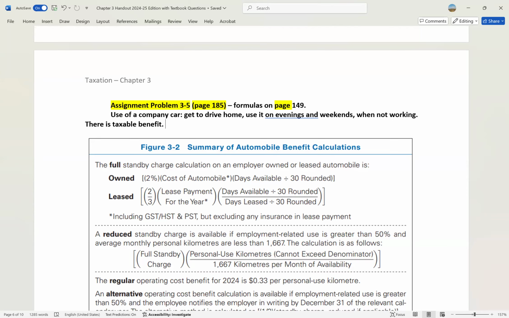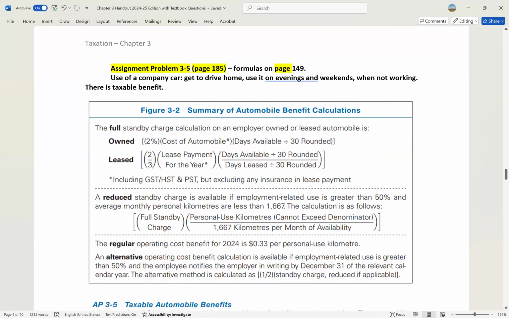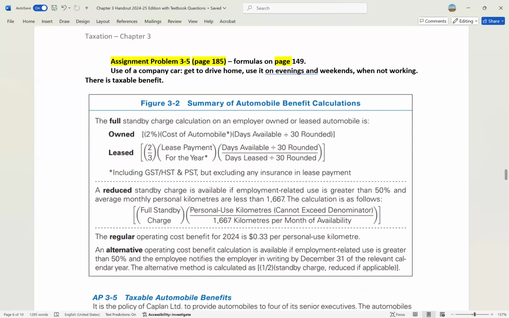When it comes to calculating the benefit for using a company car, there's sort of two calculations. There's what we call the standby charge benefit, and then there's what we call the operating cost benefit. The standby charge benefit basically just means the car is available for standby. You drive it home, it is available for evenings and weekends.